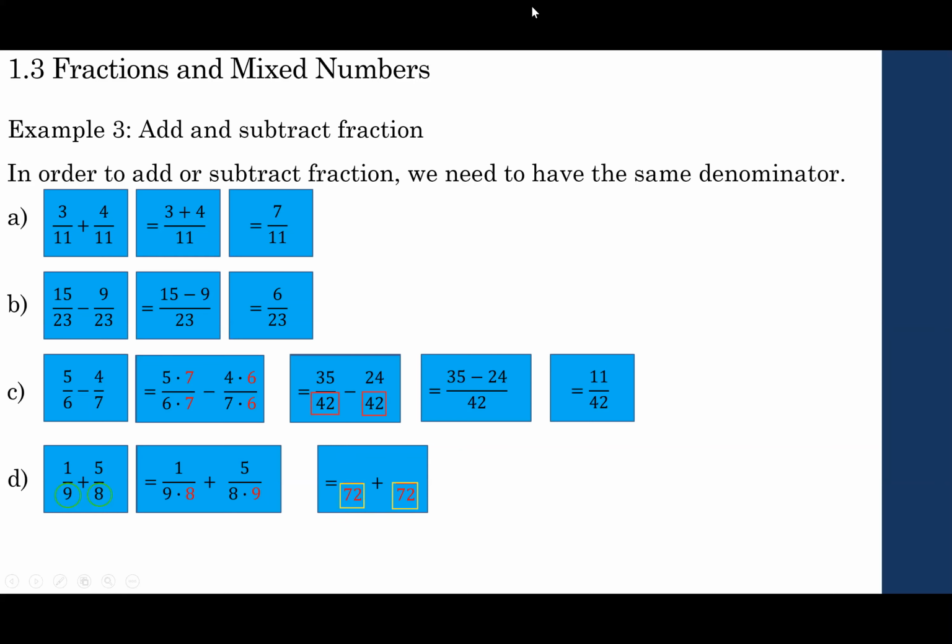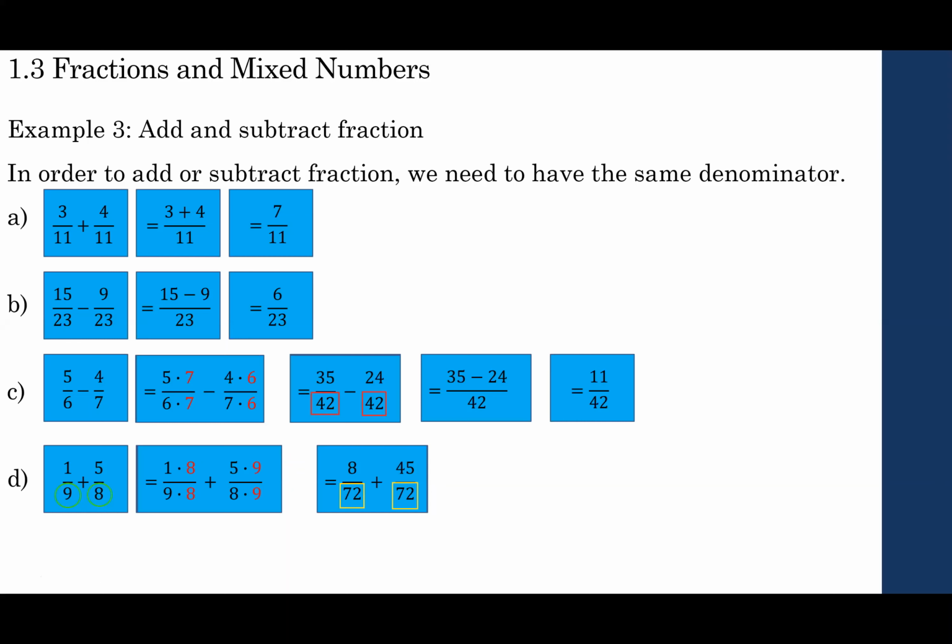And again, if we have a common denominator, we cannot just say 1 and 5, because clearly 1 over 9 is not equivalent to 1 over 72, which is, if we change the denominator, we have to change the numerator, which is again 8 over 72. And 5 times 9 will give me 45 over 72.